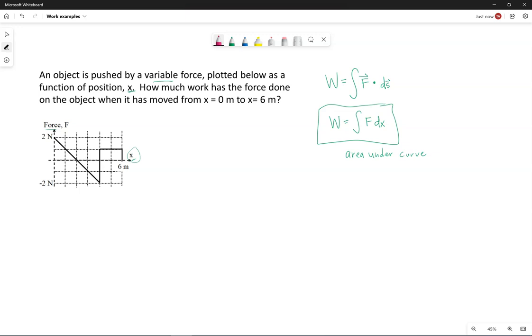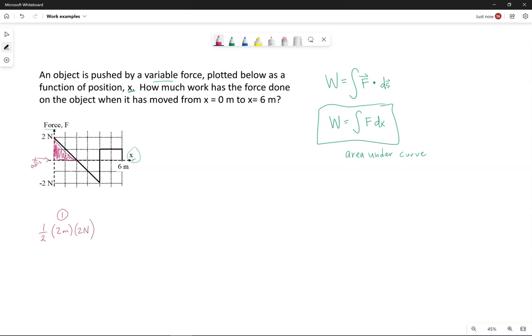So, for example, in this first portion, from here to here, so again, this is the x-axis, the area would be 1/2 base, which is what, 6, 5, 4, 3, 2, so 2 meters, times height.